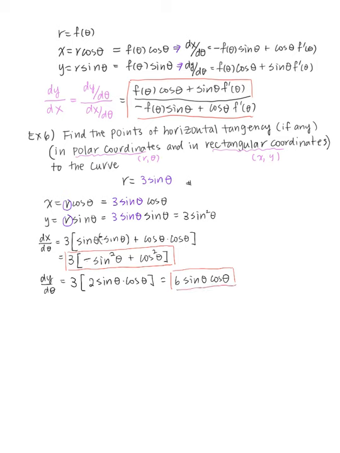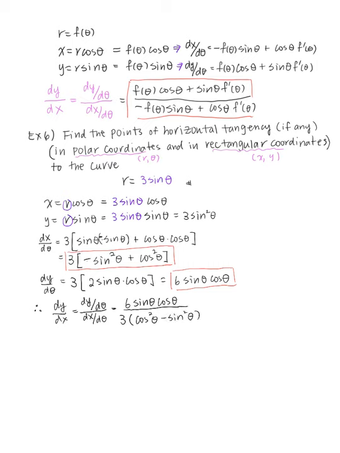Alright, so therefore, let's follow the formula for dy over dx. Our dy over dx is dy over d theta all over dx over d theta. So dy over d theta is 6 sine of theta cosine of theta, the whole thing divided by dx over d theta, which is 3 times cosine square of theta minus sine square of theta.